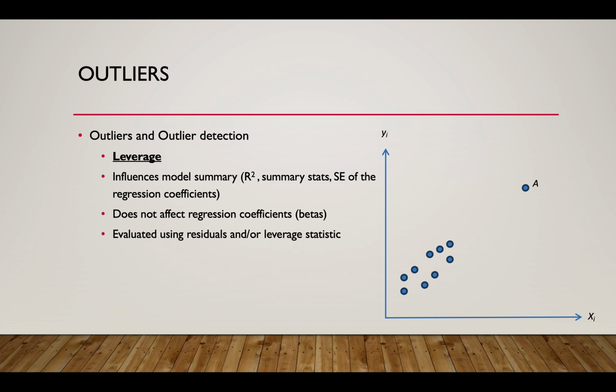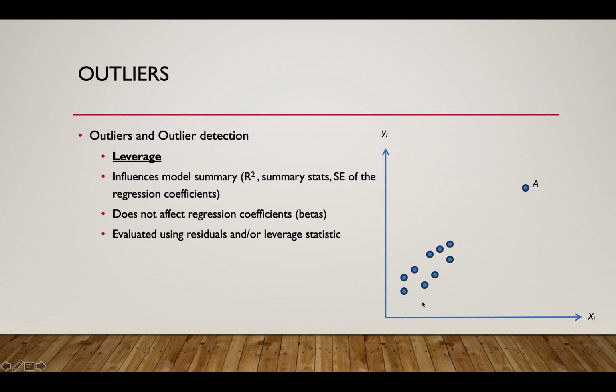Let's start by talking about leverage. There are two basic forms of outliers, and the first one is leverage. Leverage outliers tend to be something like this, where you have your nice cluster of linear data, and then you have this person way out here.